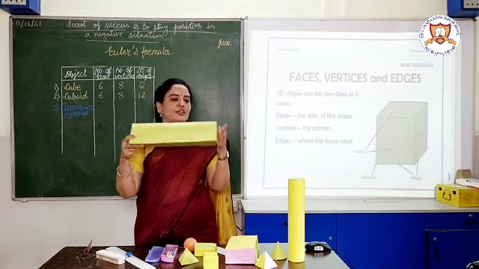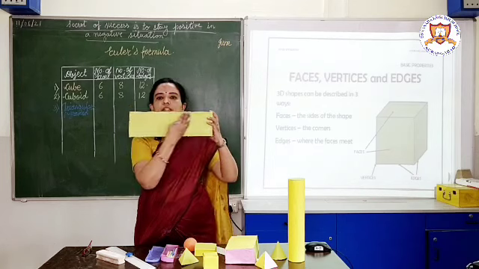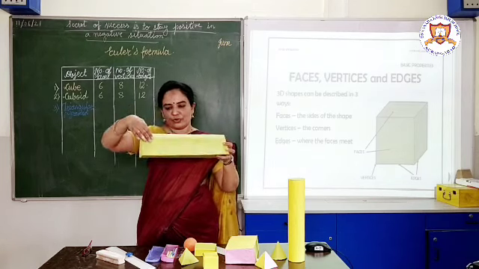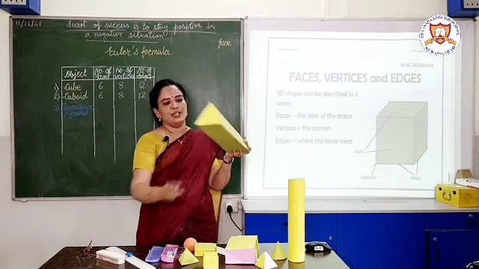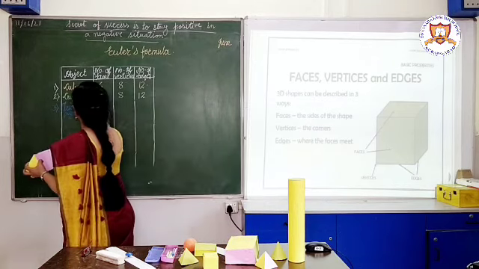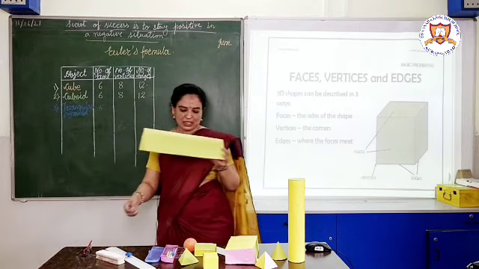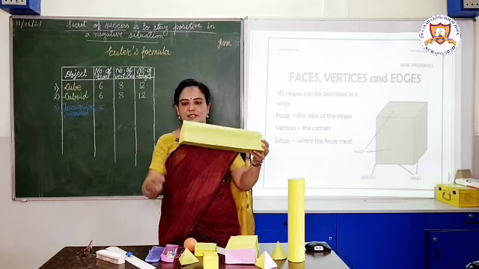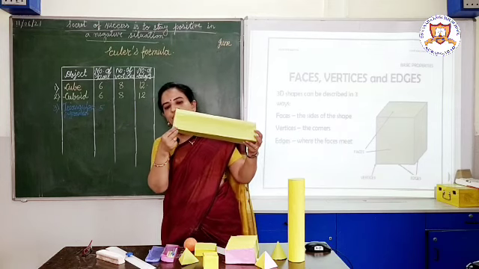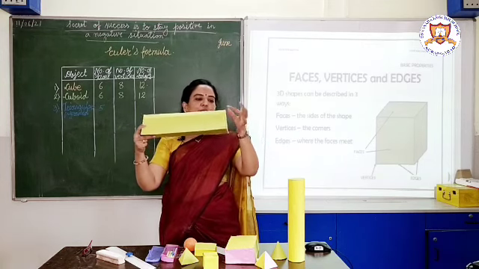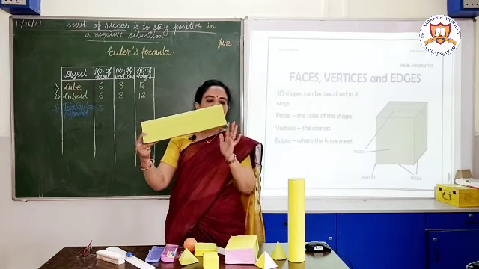So 1, 2, 3, 4 and 5. So how many faces are there? 5. Now take vertices. 1, 2, 3, 4, 5, 6.